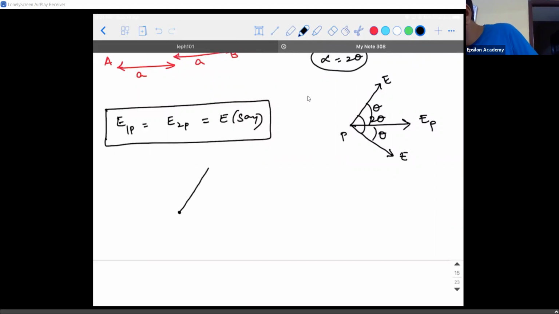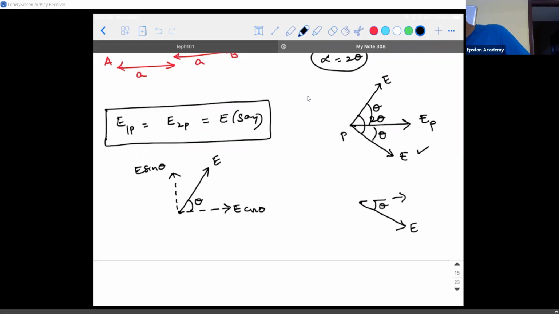So if at point P this is going to be the electric field, then if I take this as theta, it can be resolved into two components. One is E cos theta and this will be E sin theta. Similarly, for this vector, if this is E and this angle is theta, it can be resolved as E cos theta and E sin theta.